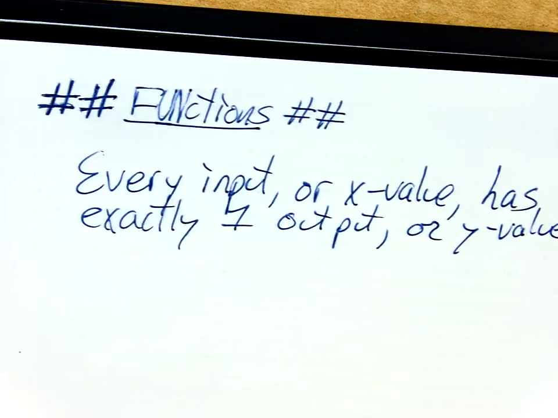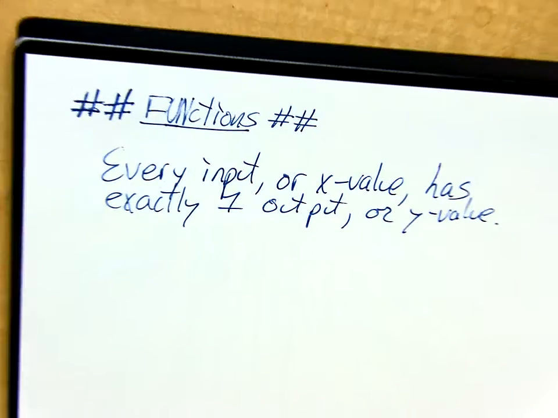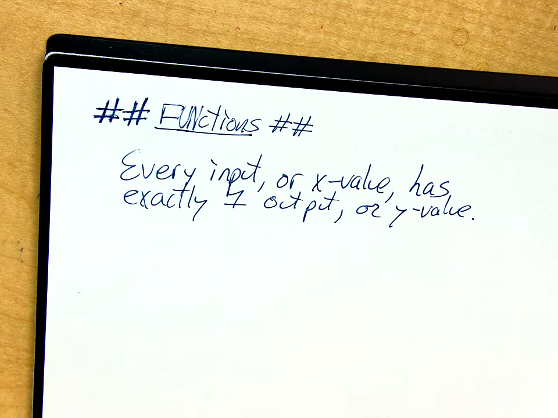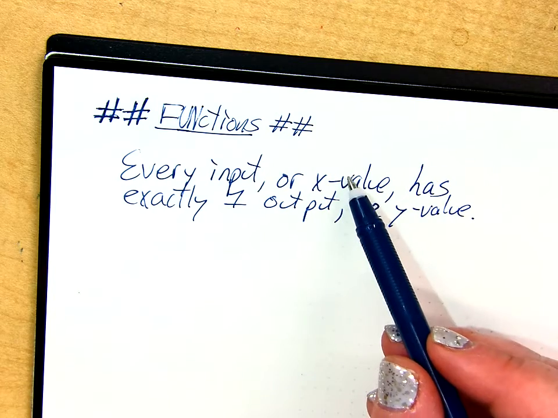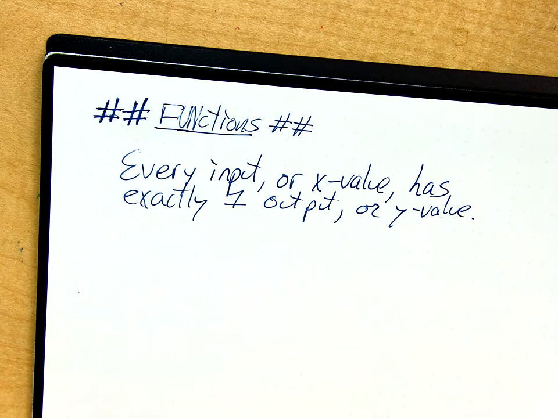Okay, so we just use the example of your age, right? You have one age, so you're an x value and your output would be your age. You can only have one age. It doesn't matter if all of you happen to be the same age. That's fine. That could totally happen. But you can't be more than one age at a time. That would not represent a function. That would break. Okay?